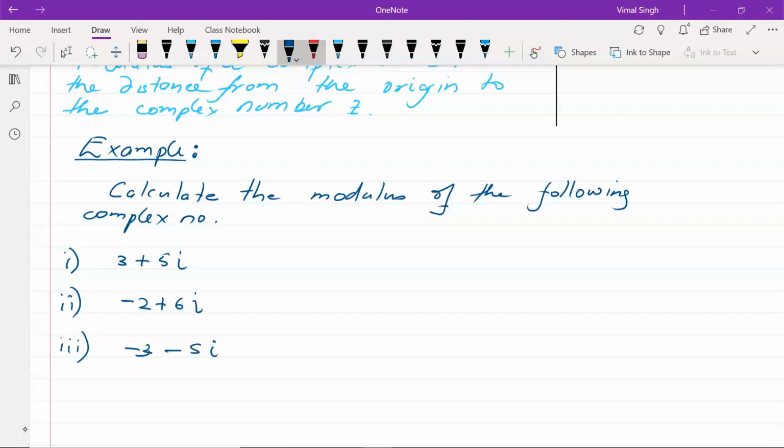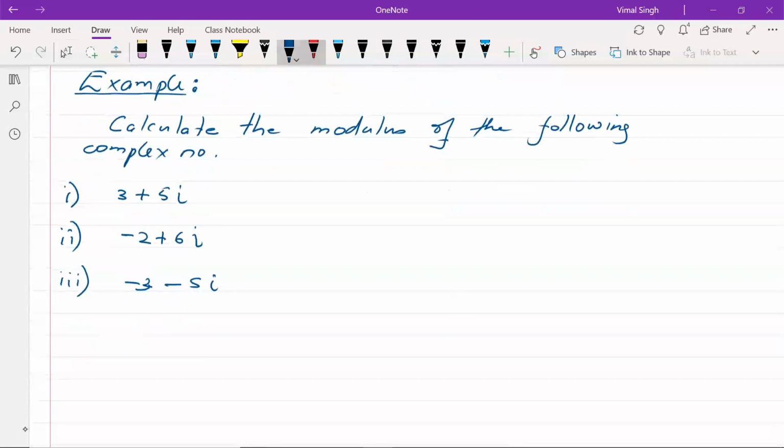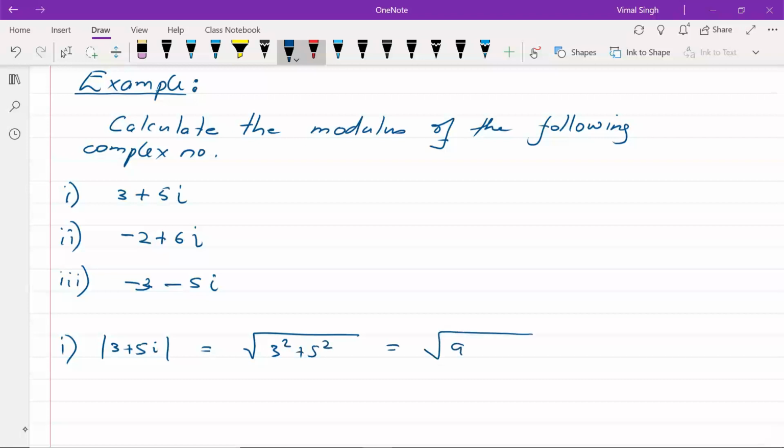If I'm going to do the modulus of these complex numbers, the first one, the modulus of 3 plus 5i, is simply the square root of 3 squared plus 5 squared, which is 9 plus 25, and that gives me the square root of 34, and you can leave your answer like that.